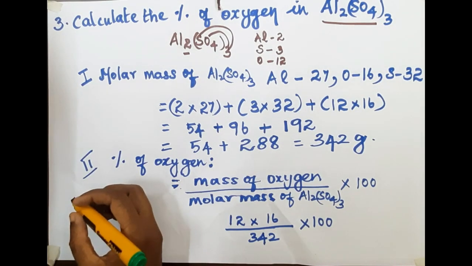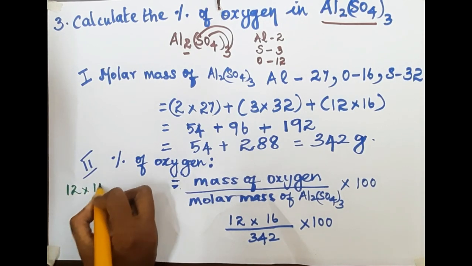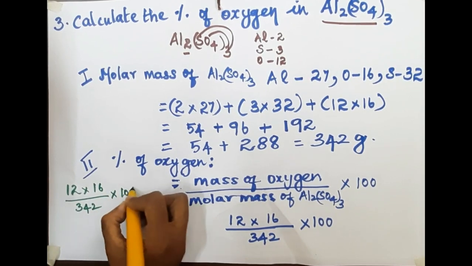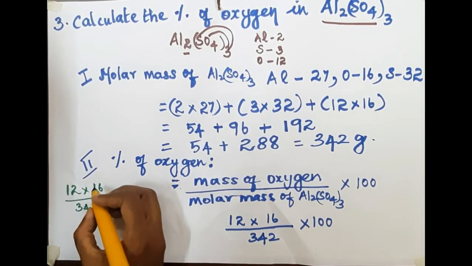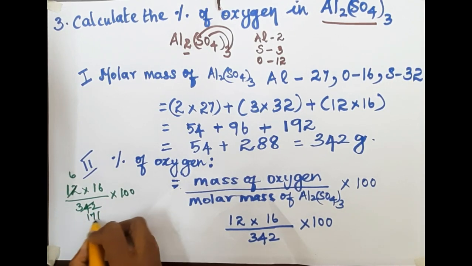Now we will do the rough work here children. 12 into 16 divided by 342 into 100. Okay children, so 6 times, this is 171. As this is divisible by 3, it is 2, and this is 57.